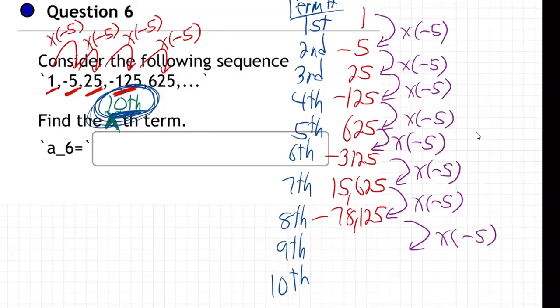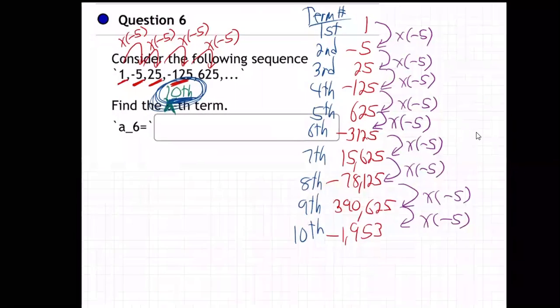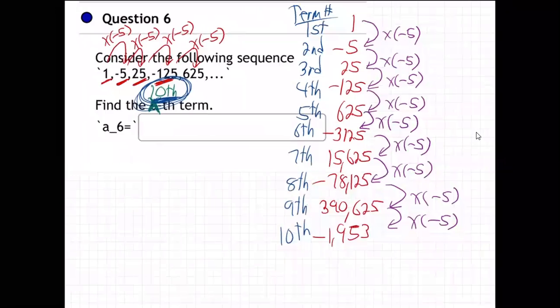So 390,625. And one more. And I'm getting -1,953,125. There it is.